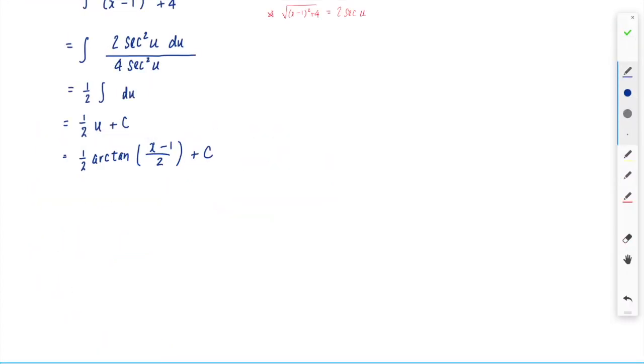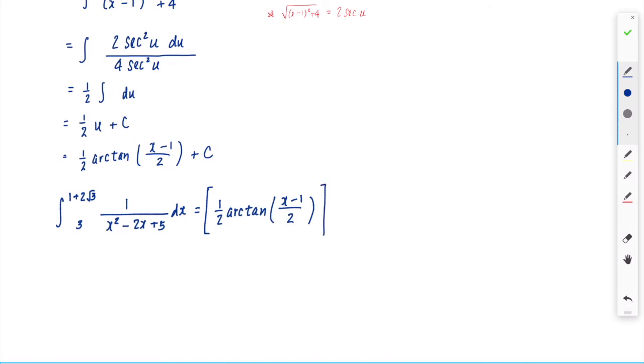Okay, so the definite integral is from 3 to 1 plus 2 root 3 of 1 over x squared minus 2x plus 5 dx. But we already found that this is the same as 1 over 2 arctan of x minus 1 over 2, from 3 to 1 plus 2 root 3.